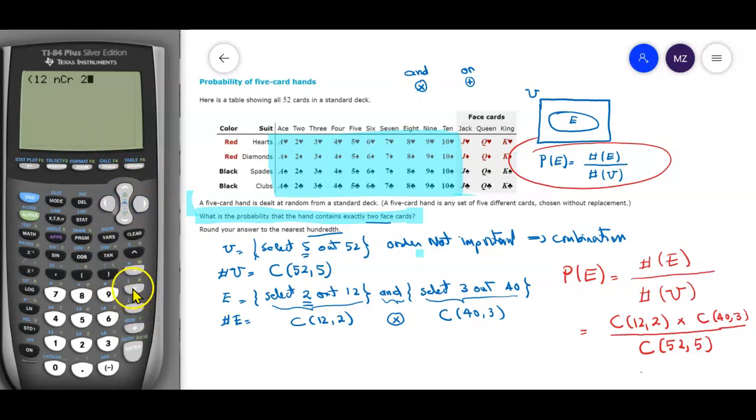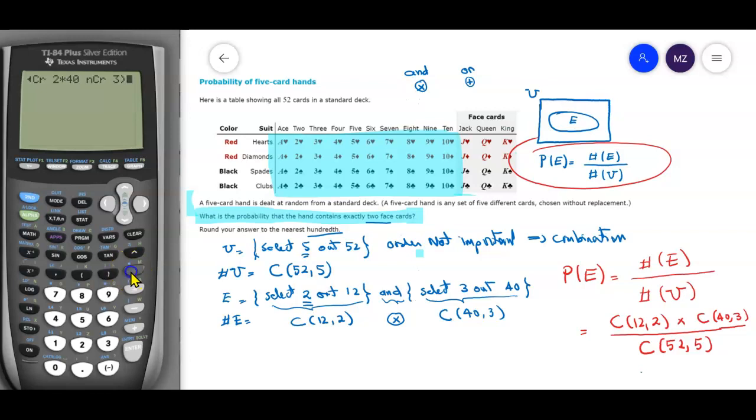Now I'm going to multiply, and same thing, combination 40, 3. I start with 40, the biggest number. Go to Math, left, go down to number 3, enter, and then 3. Close the parentheses, and I am done with the numerator.